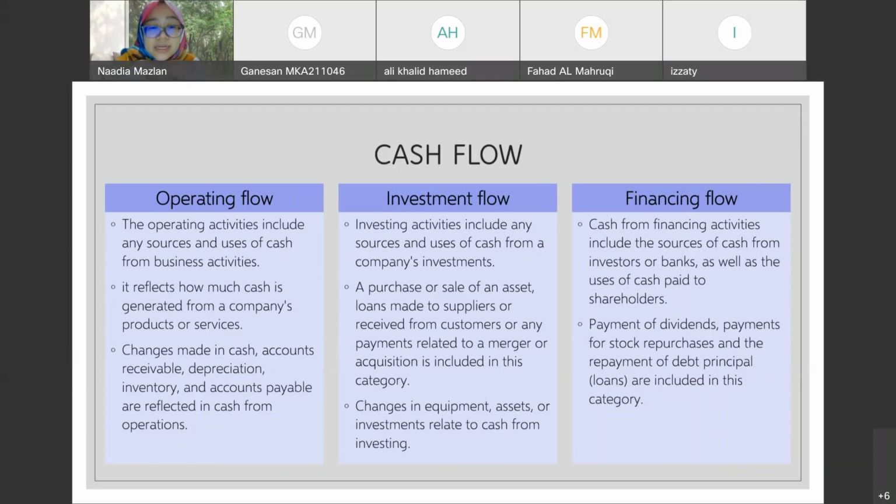Changes in equipment, assets, or investments are related to cash from investing. And finally, we have financing flow, which is cash from financing activities, including the source of cash from investors or banks, as well as the use of cash paid to shareholders. For example, payment of dividends, payment for stock repurchases, and repayment of debt principal. Loans are included in financing flow.